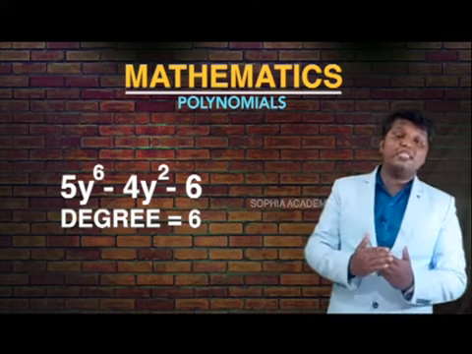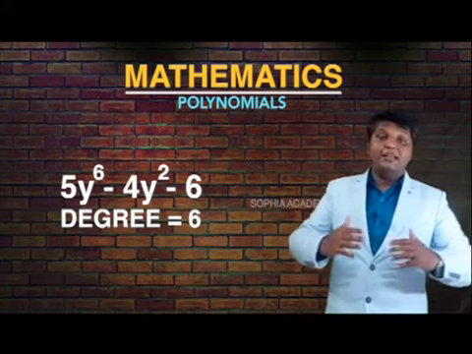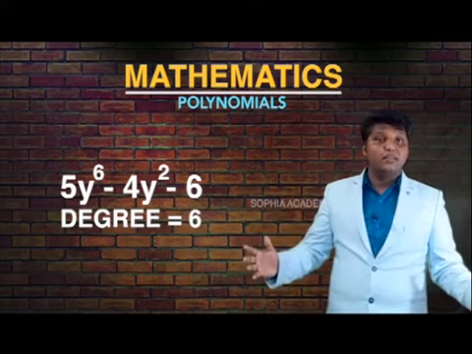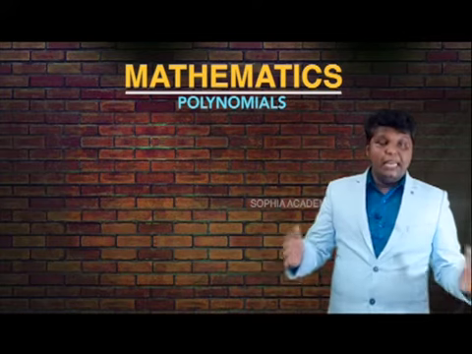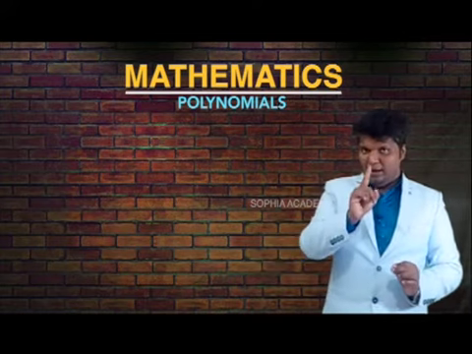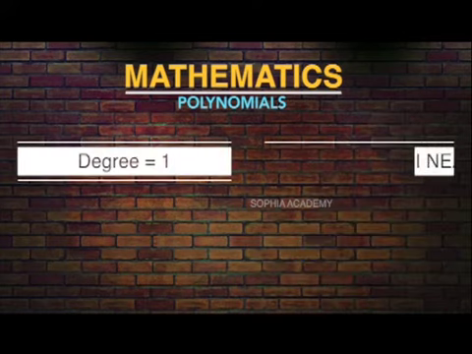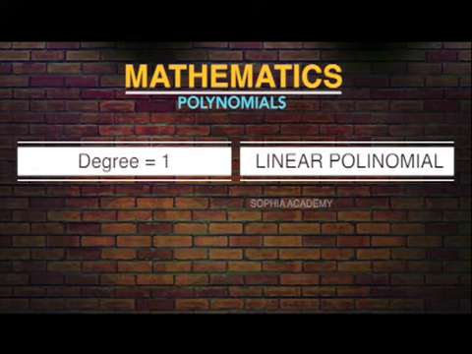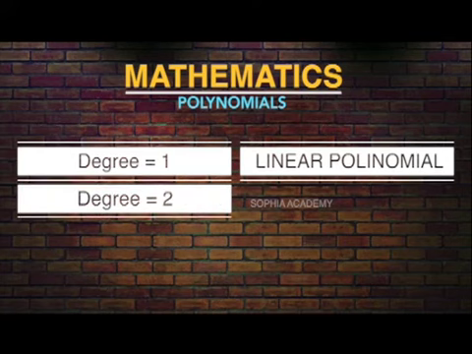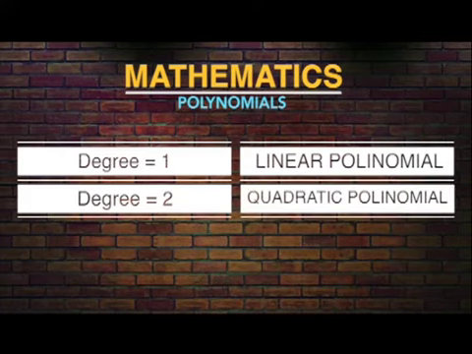And regarding this highest power, polynomials are classified into several types. If the degree of the polynomial is 1, that polynomial is called a linear polynomial. Linear means along a line. Second one, if the degree of the polynomial is 2, that means the highest power is 2, then that polynomial is called a quadratic polynomial.